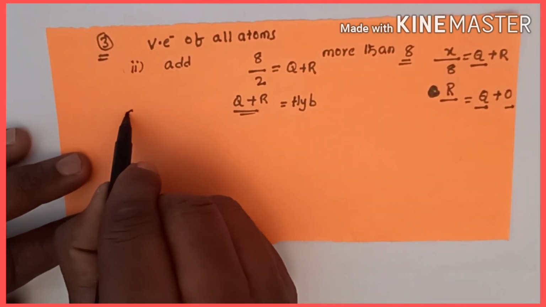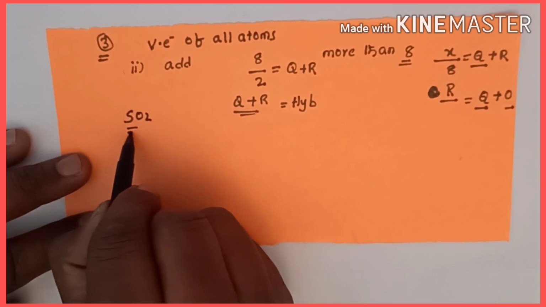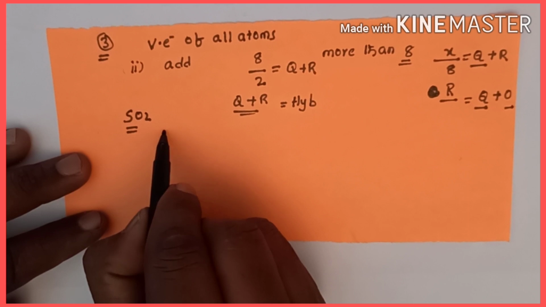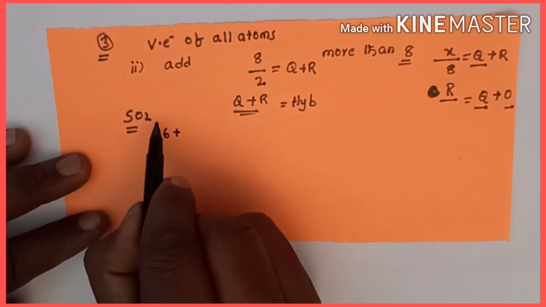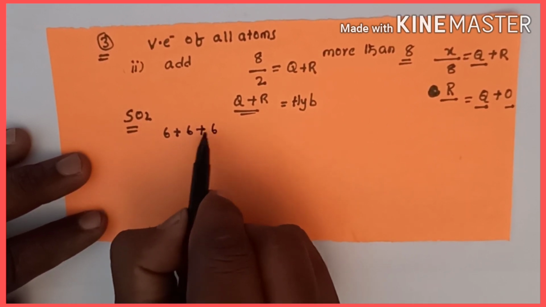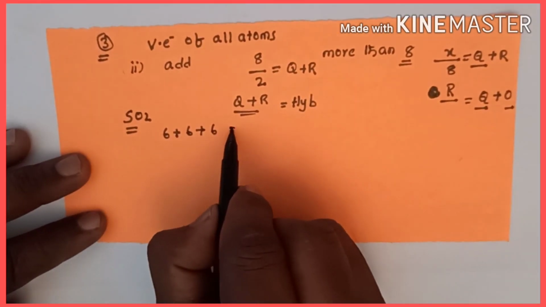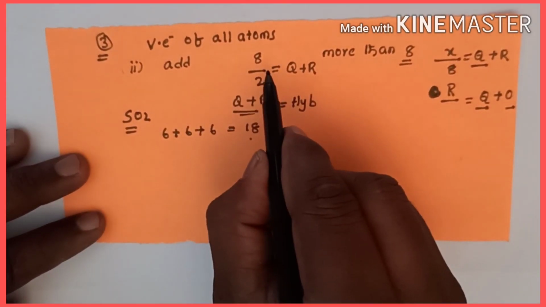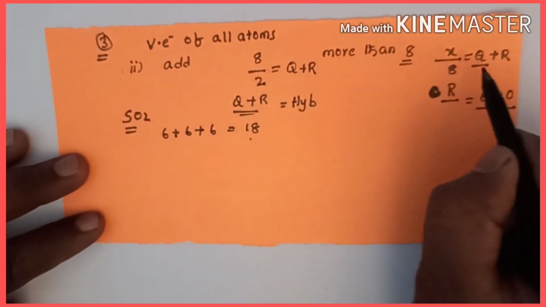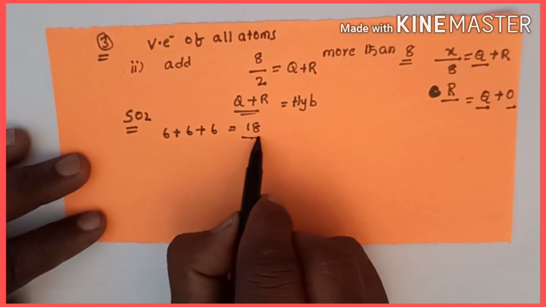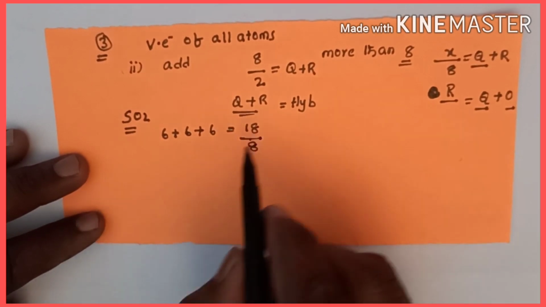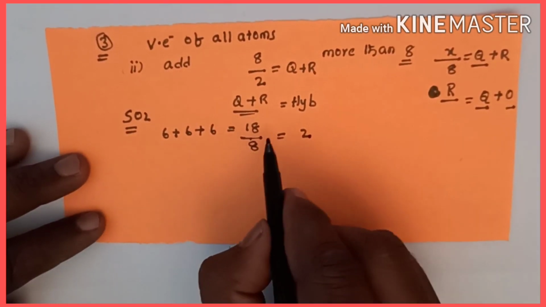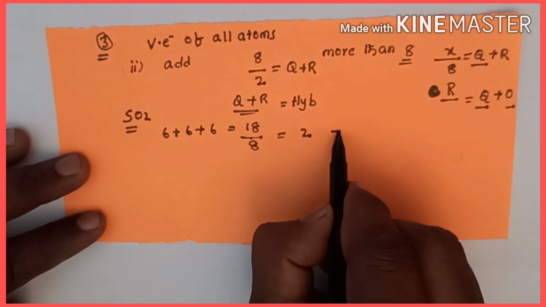I'll take SO2 again. Sulfur valence electrons 6, oxygen 6, second oxygen 6. Total 18. Now this 18 is greater than 8, so we should not divide by 2, we should divide by 8. 8 2s are 16. Then the remainder is 2.